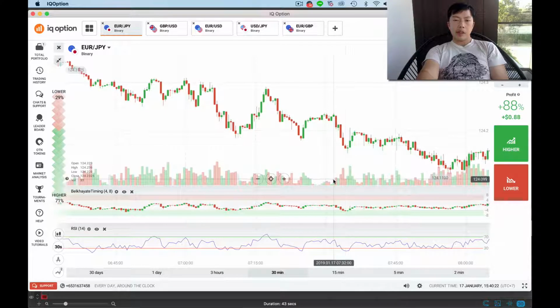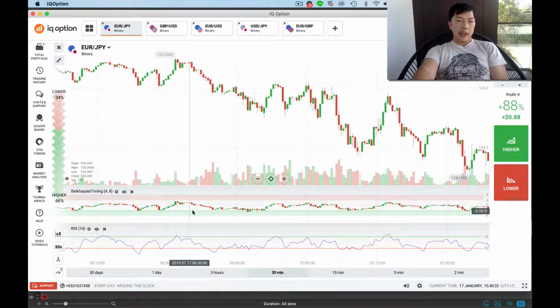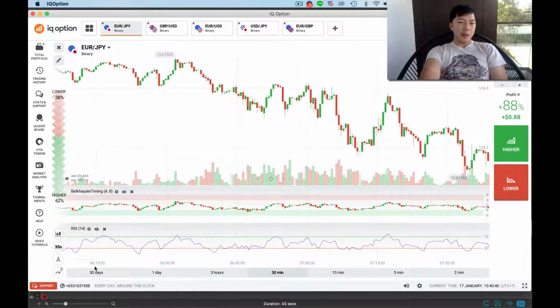Sometimes it can continue against you for God knows how long. And by comparing the IQ Timing against the RSI, you can much better reduce your chance of failure if you're doing a counter trend kind of trade. So this is one of my favorite picks.